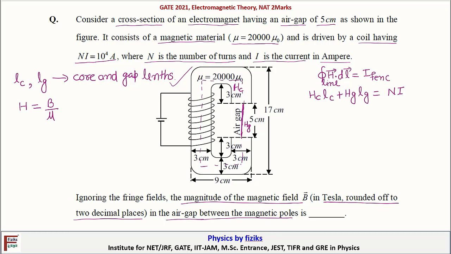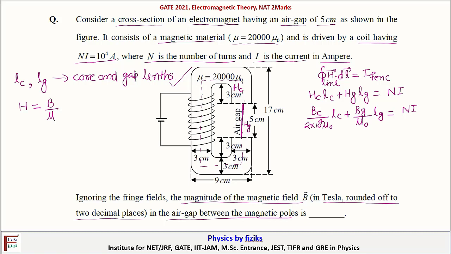So Hc can be written as Bc divided by mu c, and mu c is 2 into 10 to power 4 mu naught, times Lc, plus Bg by mu g, which is mu naught, times Lg, and that is Ni.